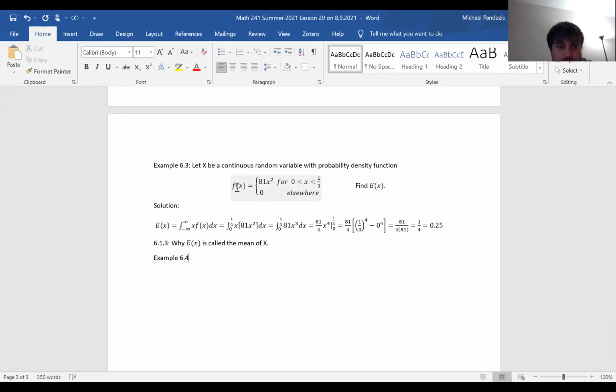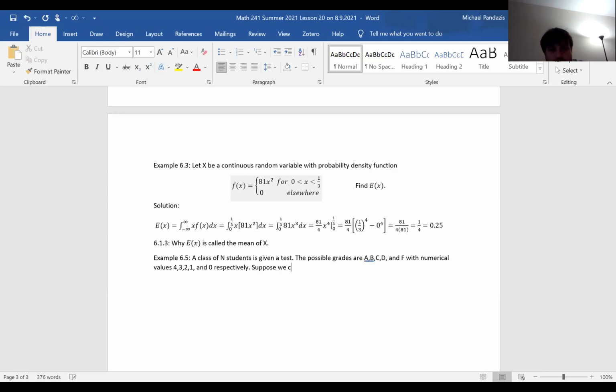Okay, so to illustrate that, there's this example 6.5. A class of capital N students is given a test. The possible grades are A, B, C, D, and F, with numerical values 4, 3, 2, 1, and 0, respectively.